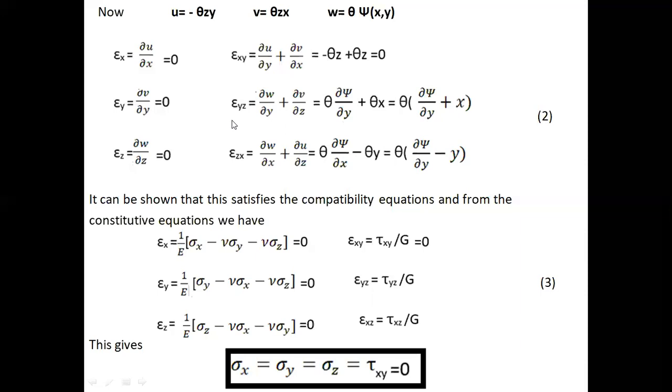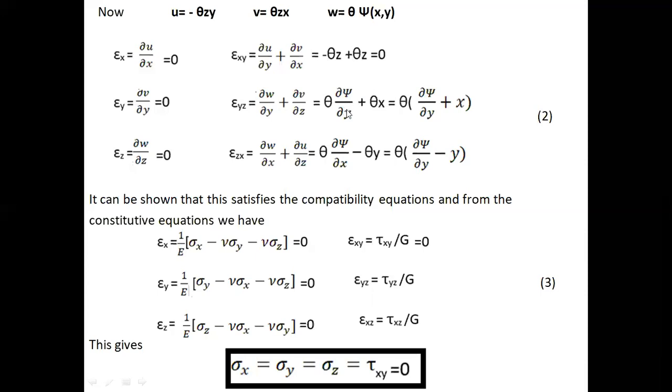Let's go through it again. Epsilon yz is del w by del y plus del v by del z. Now del w by del y is simply differentiating w with respect to y, so you get theta del psi by del y. That's what we have written here.